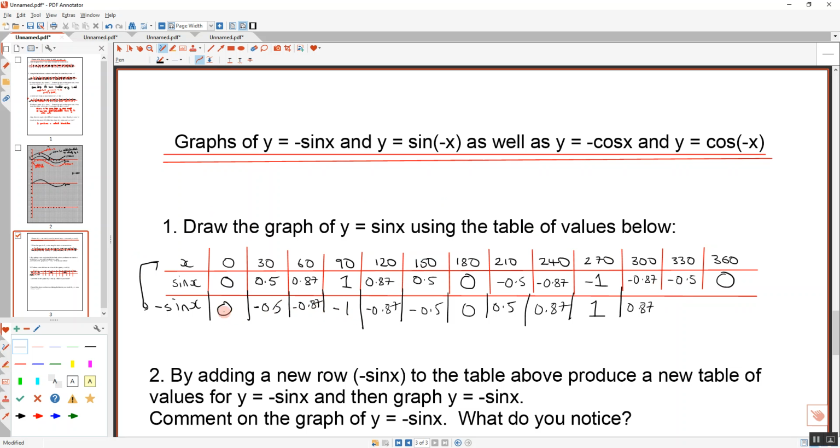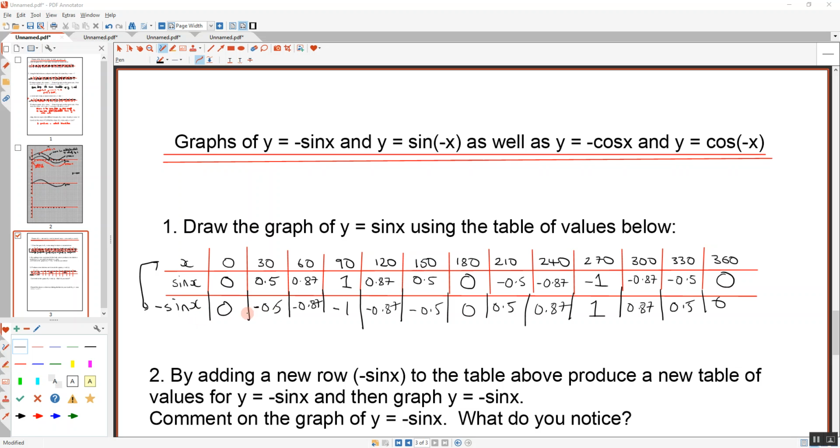Because we're doing negative sin of x. So sin x is 0.87. Oh, so you just put negative numbers? Negative sin x is just going to be the negative of it. Okay, these are my values for negative sin x, okay? Most of us have these down.